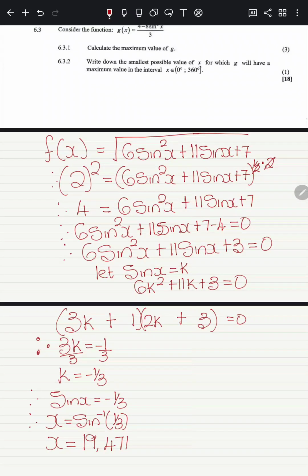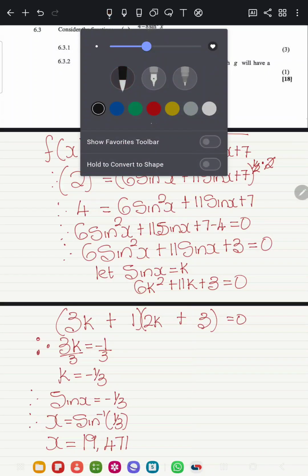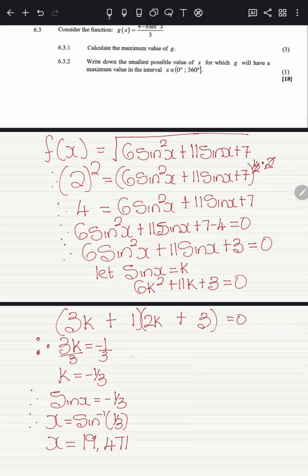Then we are going to say, where is this negative? Sine is negative in the third quadrant. How do we get the angle in the third quadrant? It's going to be x equals 180 plus 19.471. Using a calculator, the answer is 199.471. Then, where else is this negative?